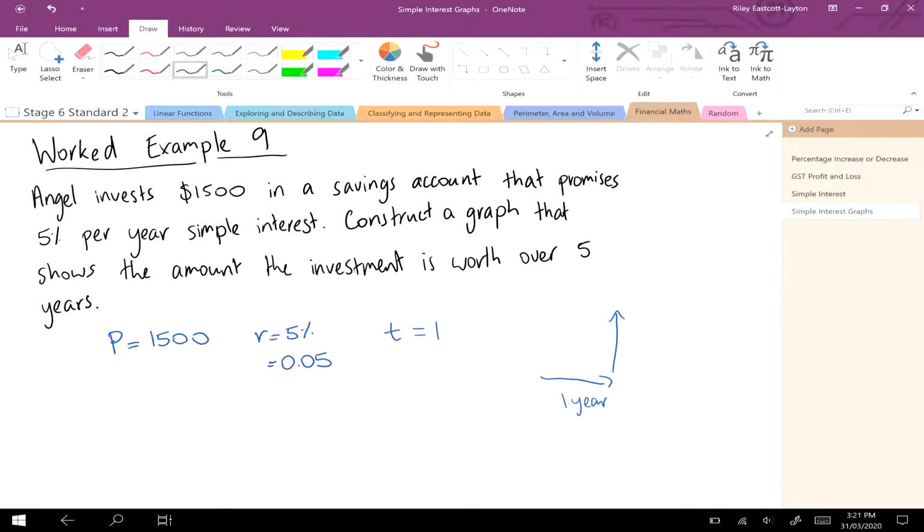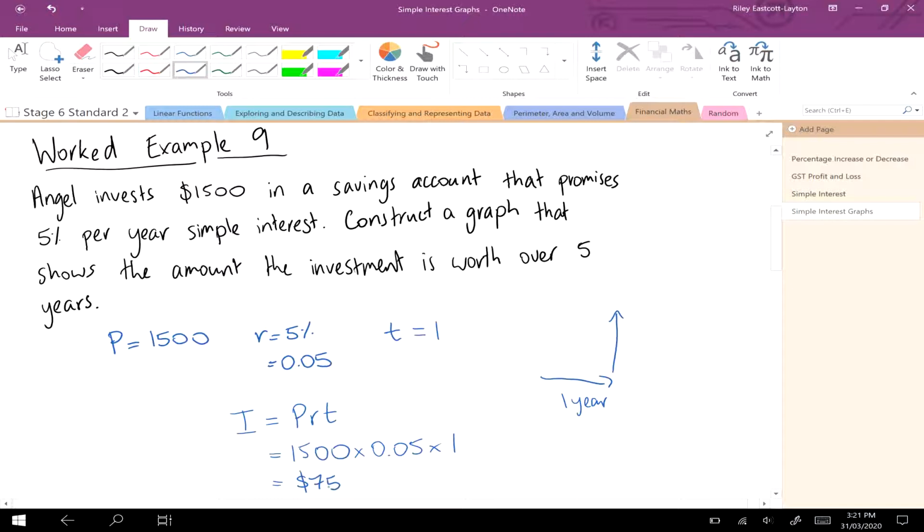So what we're going to do is sub this into our formula. Interest equals PRT, which is 1,500 times by 0.05 times by 1, which is equal to, put in your calculator, get an answer of $75.